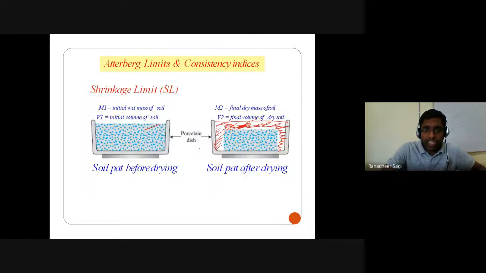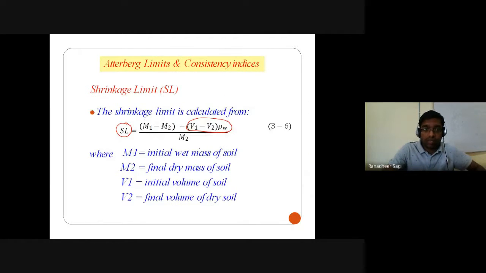And the earlier expression of your shrinkage limit that we talked about, instead of looking at it in terms of this expression, sometimes you will also find the expression for shrinkage limit indicated like this, that is gamma W by gamma D minus 1 by GS.